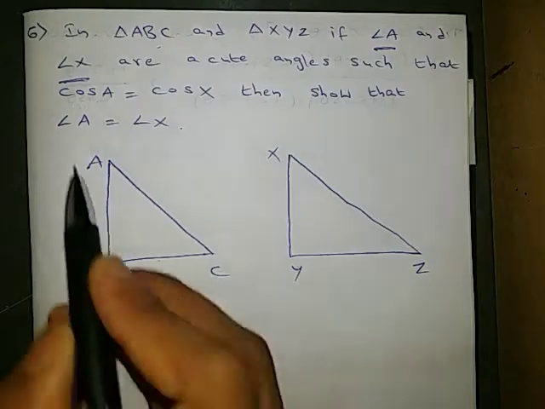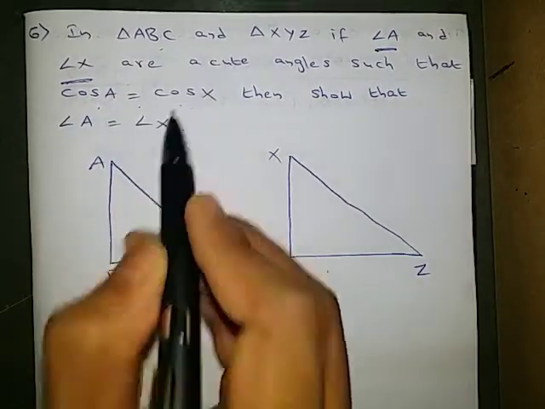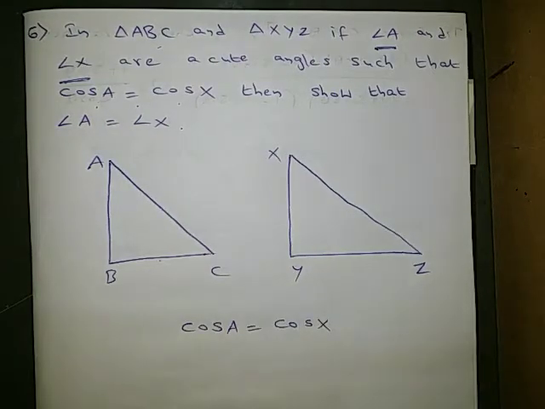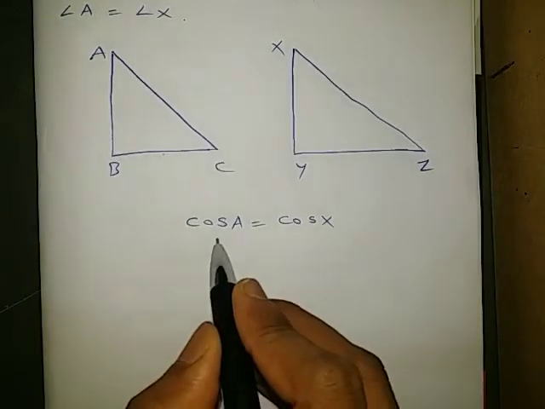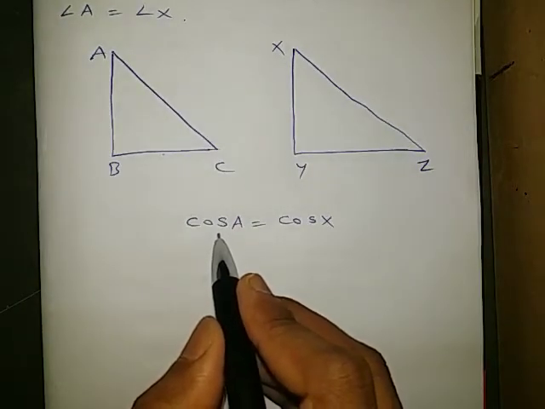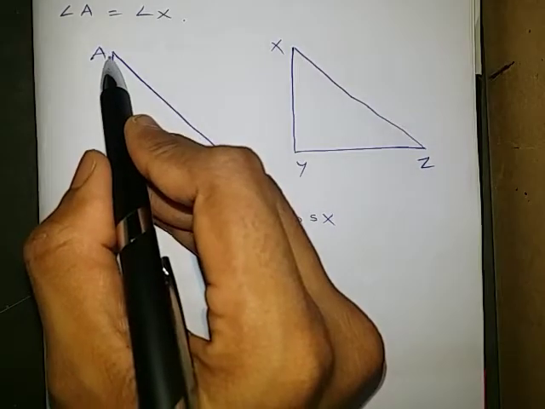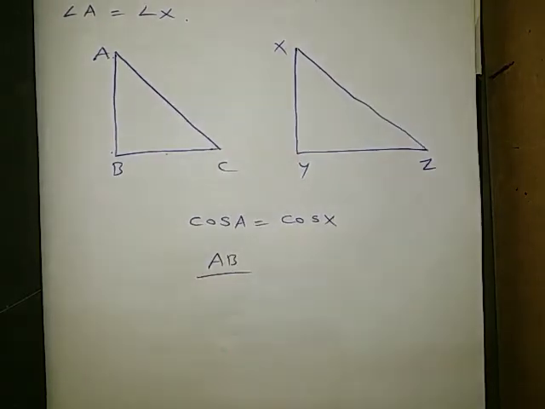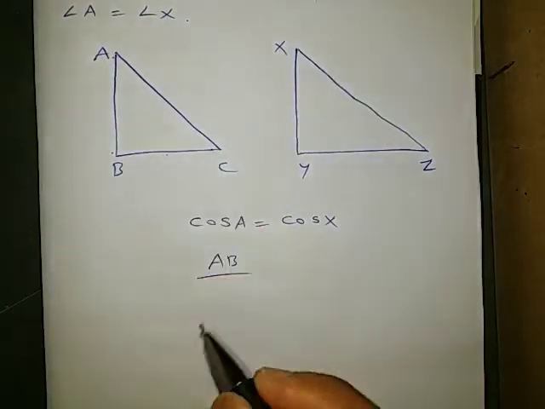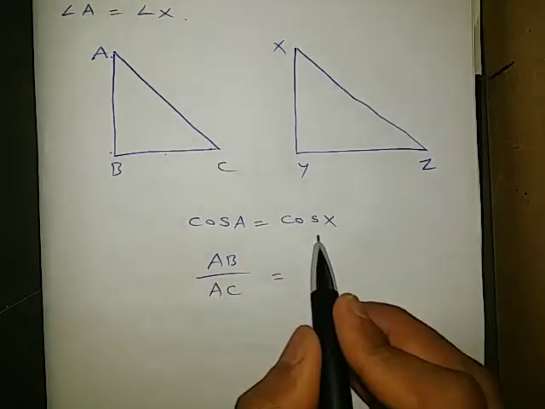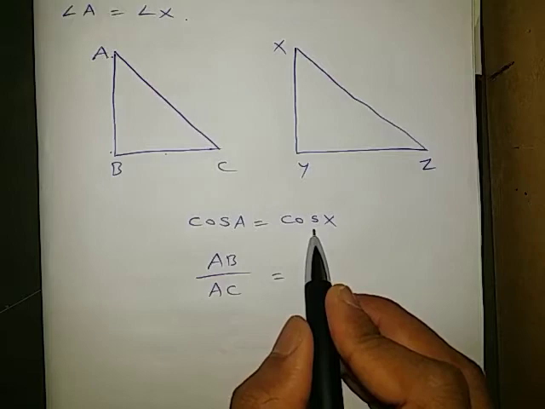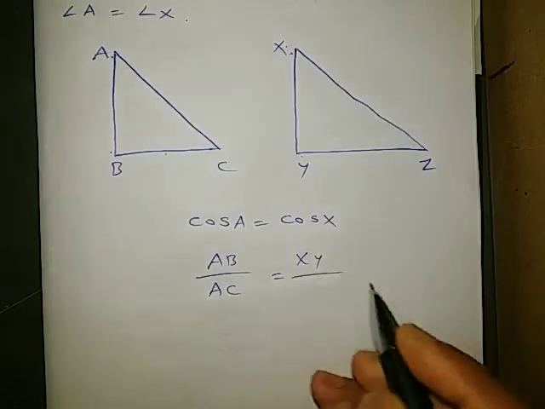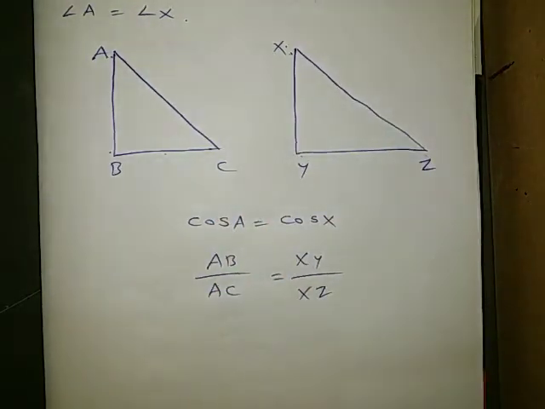Next, he gave that cos A is equal to cos X. Now, cos is nothing but adjacent by hypotenuse. So, for the angle A, adjacent will be the AB side, so AB divided by hypotenuse AC is equal to cos X. For angle X, the adjacent will be XY divided by hypotenuse XZ.